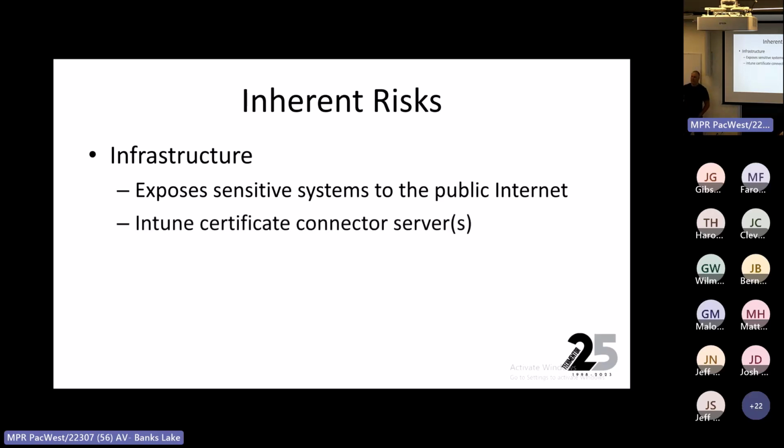Specifically, what I'm talking about here again is the Intune certificate connector server or servers. You can have multiple. And in some scenarios, we actually have to publish this to the internet. There are some limitations associated with that, so there's some great risk that we incur. We'll talk about that in a little more detail later.